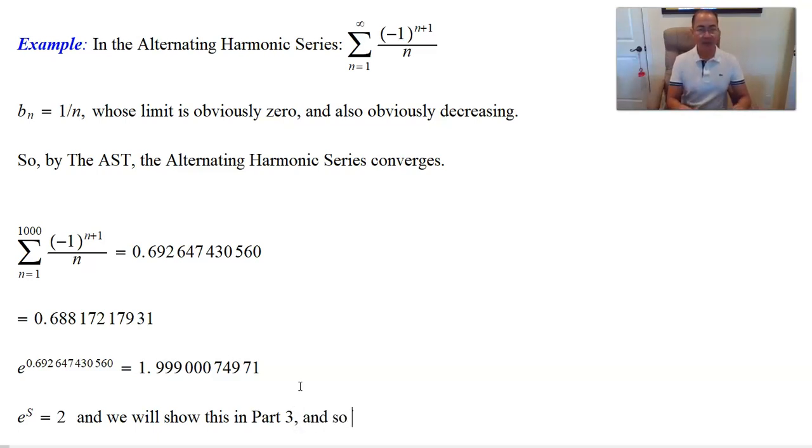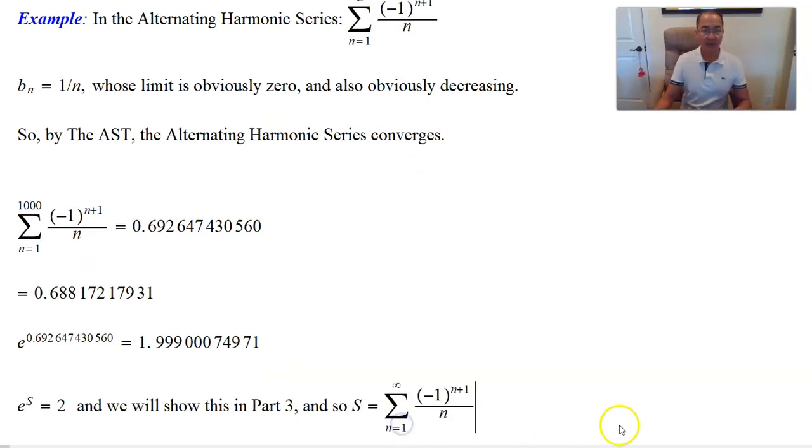And so, if you want S, that S is the exact sum of the alternating harmonic series, we should get, ta-da, ln of 2. That will be the exact sum of this alternating harmonic series. You don't believe me? Maple, how much is ln of 2? It's about 0.693, which is pretty close to that number.